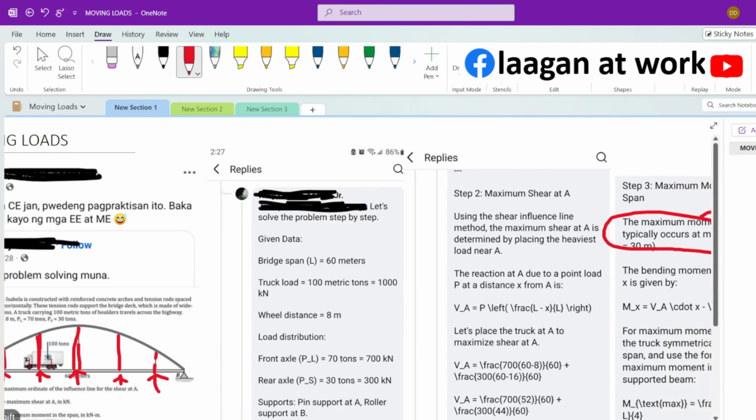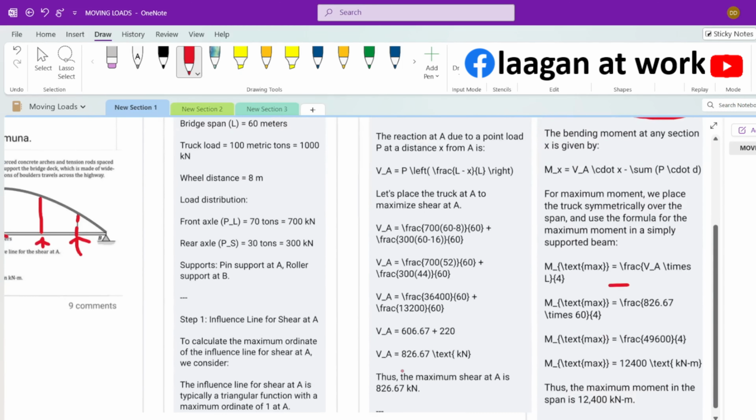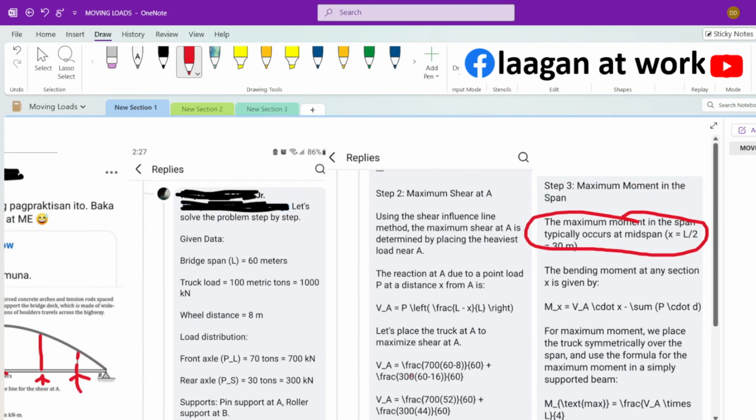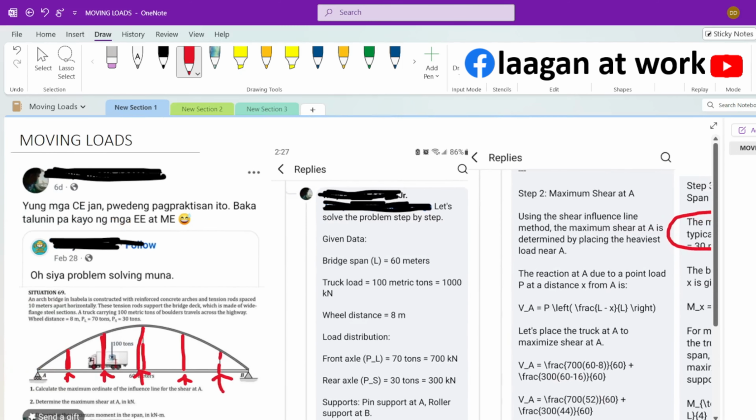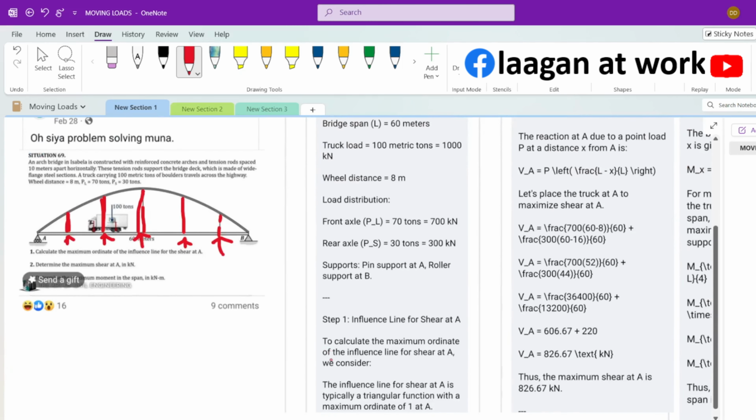If he happens to be a student, I would understand. But if he's a practicing professional and this is how he analyzed the structure, then we have a much bigger problem than what happened on that bridge that collapsed. I will not comment regarding the bridge that collapsed because I'm not an expert.